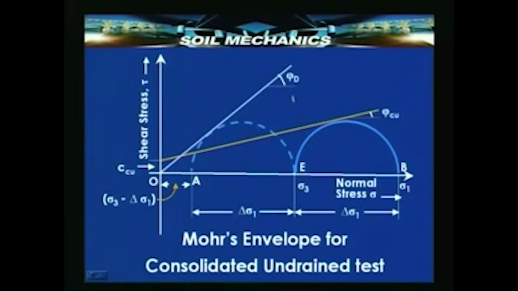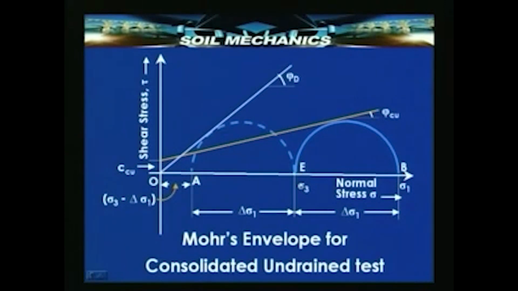Now if I draw an envelope to this drained Mohr circle, I will get a line, an envelope passing through the origin with an angle phi D, D standing for drained, and cohesion equal to 0. But if I plot a tangent to a total stress Mohr circle, of course, it is implied that we will be doing at least 3 such tests with total stress measurements and plotting a common tangent.